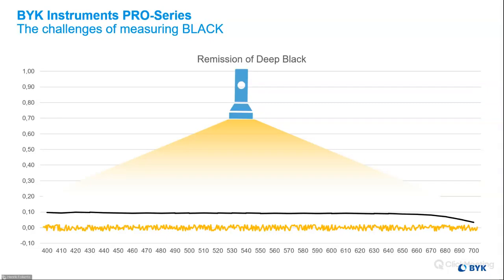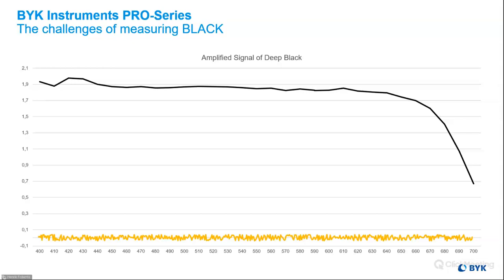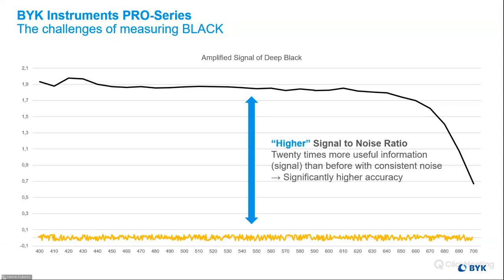By doing that, we get a signal that is significantly greater than the noise level. So here you can see how much the signal has improved. We have 20 times more useful information with consistent noise. The noise remains here. And this leads to a significantly higher accuracy.